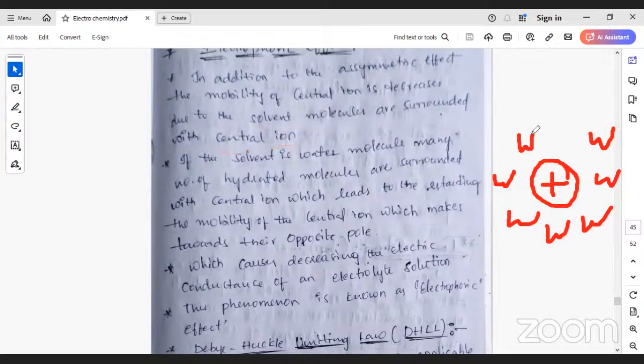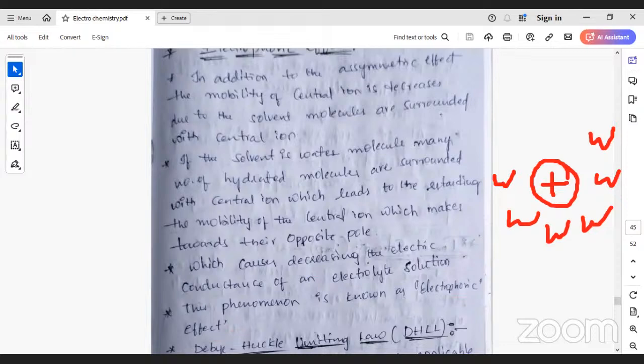Many hydrated molecules surround the central ion, which retards the mobility of the central ion towards the opposite pole, which decreases the electrical conductance of an electrolyte solution. Such an effect is known as the electrophoretic effect.